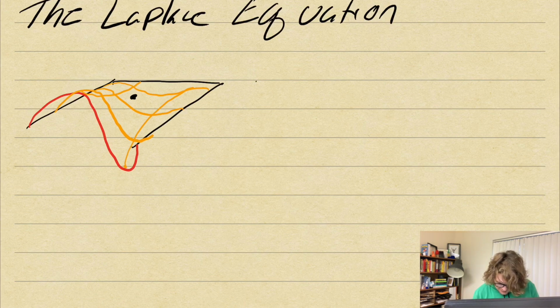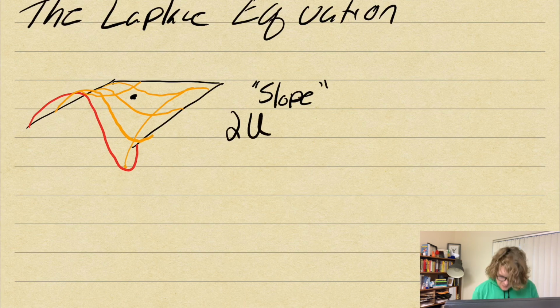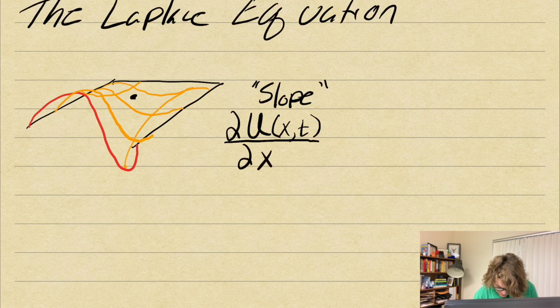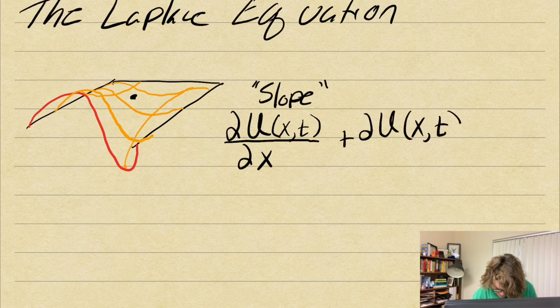One way that you can think about this, though it's not entirely accurate, is to think of the slope at this point as being somehow related to the partial derivative of our surface. We'll call our surface u, a function of both x and y: the partial derivative of u with respect to x, plus the partial derivative of u with respect to y.